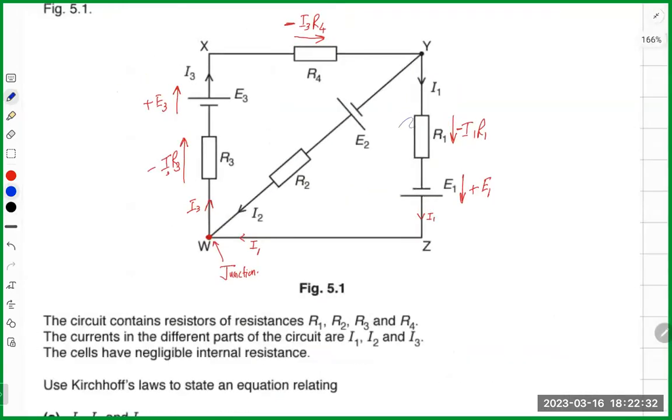See, if you go like this, there will be a loss of I1R1, gain of E1. We are now going opposite to the direction of current.